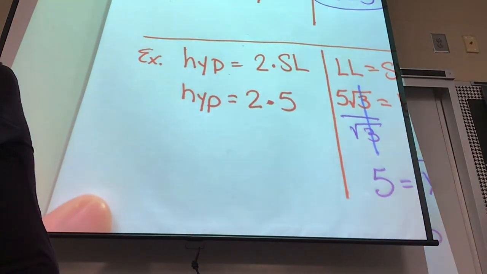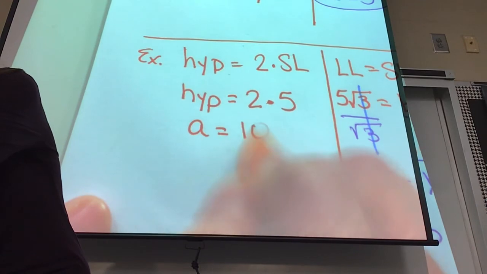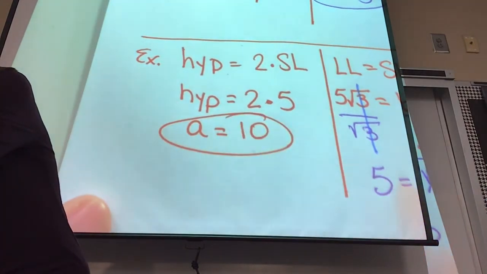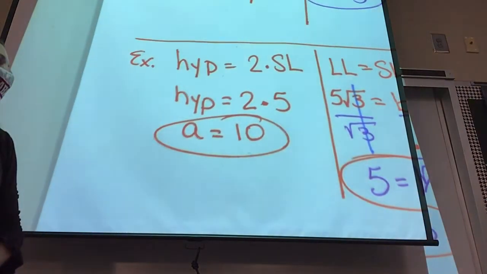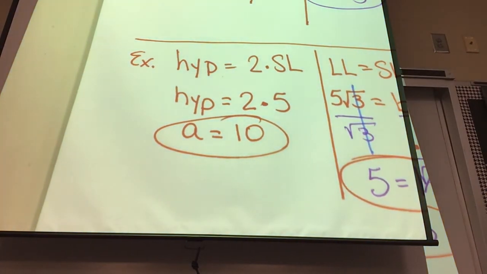I've moved my page. A. Yes. So it should be A equals 10. So sometimes they come out to be whole numbers. There's nothing wrong with it. So any questions?